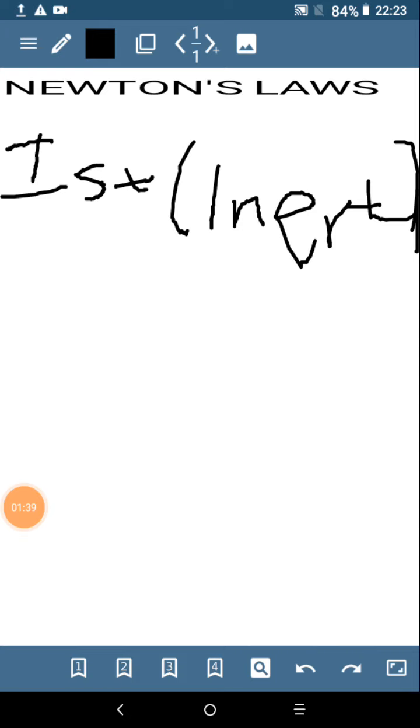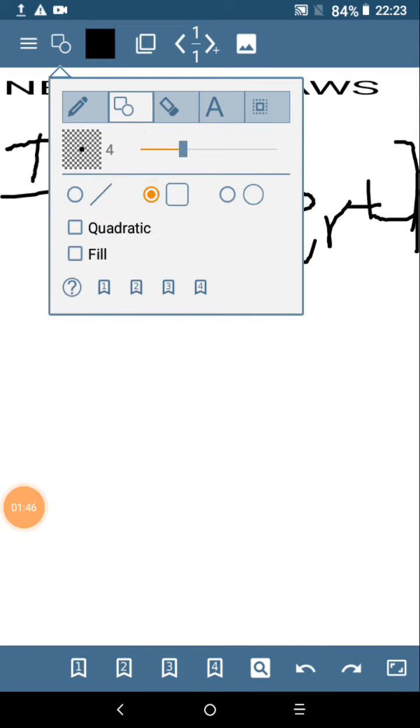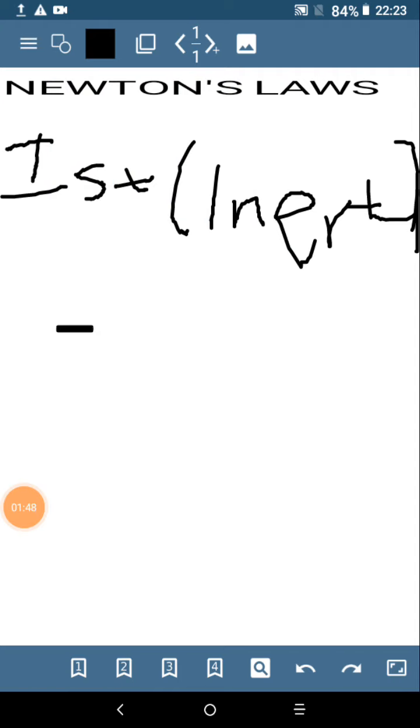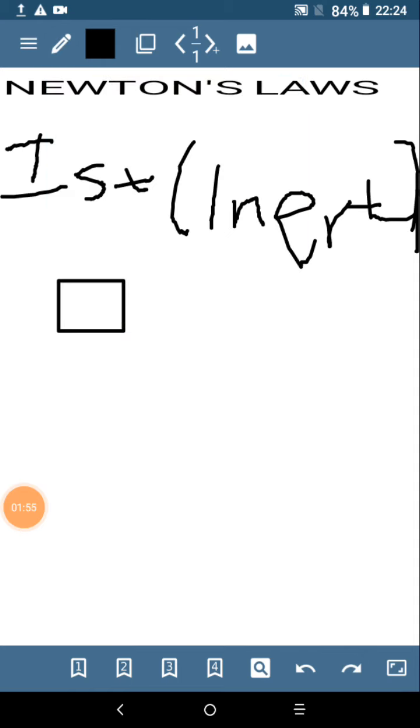So what this means is, let's say we are having an object there, and there's a guy standing over there who's trying to push, let's say he's pushing this box to that direction.